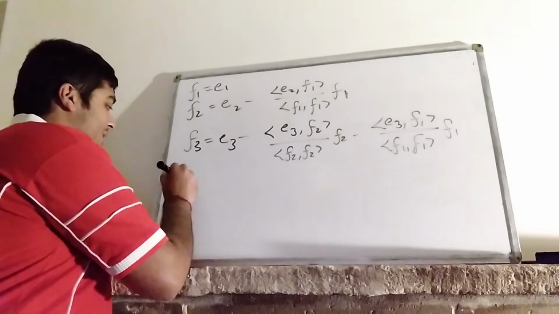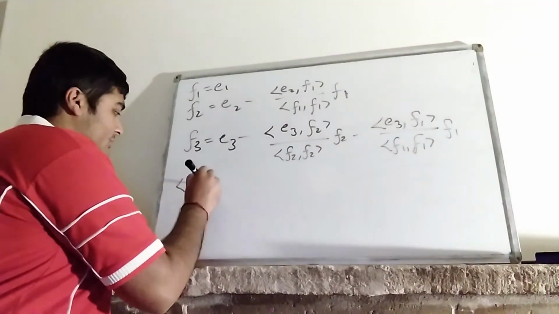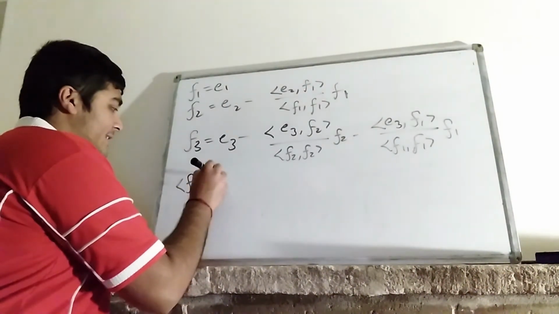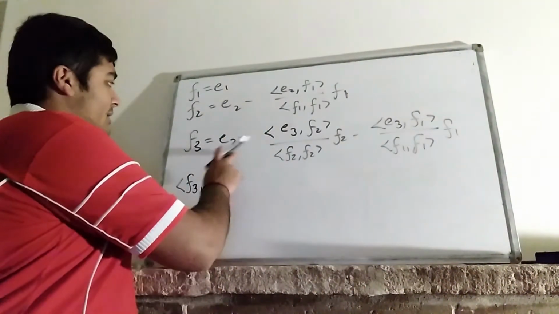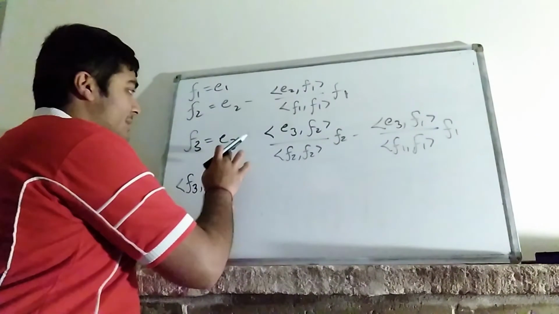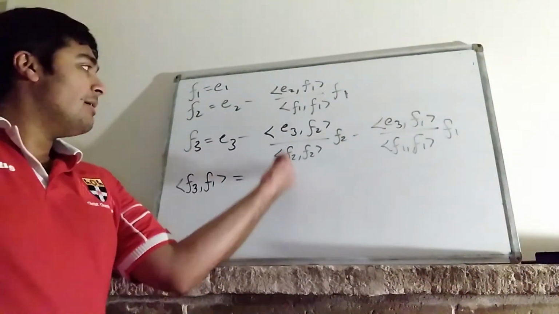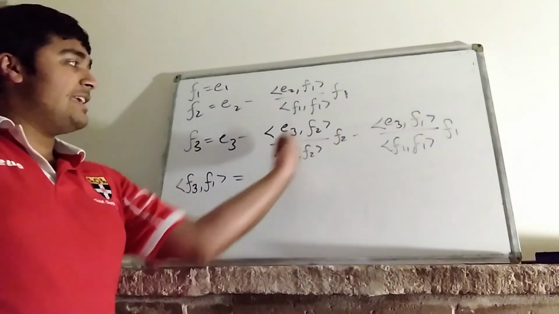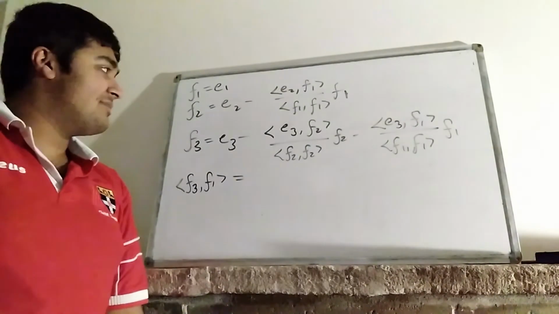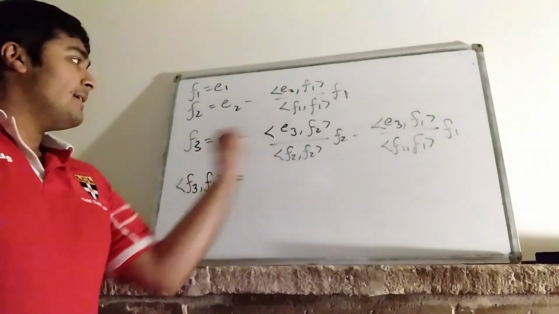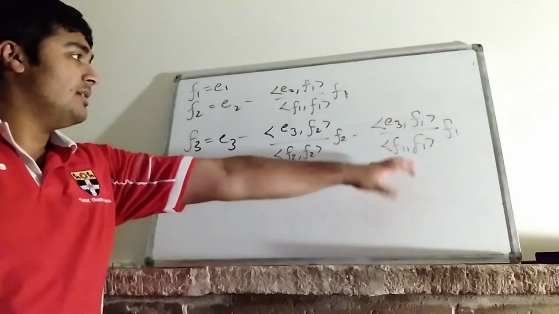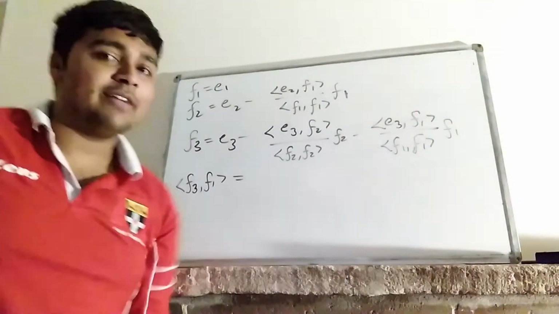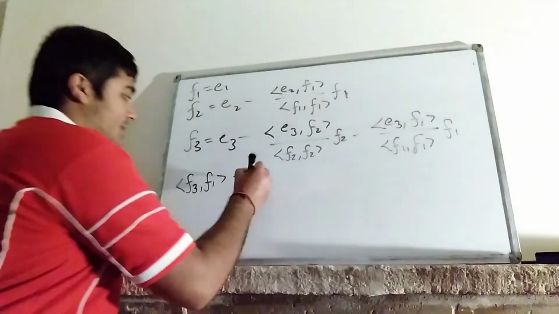What's ⟨F3, F2⟩? Or let's do ⟨F3, F1⟩ first, in fact. It's going to be ⟨E3, F1⟩ by linearity, minus this junky constant here times ⟨F2, F1⟩, minus this junk constant term here times ⟨F1, F1⟩.